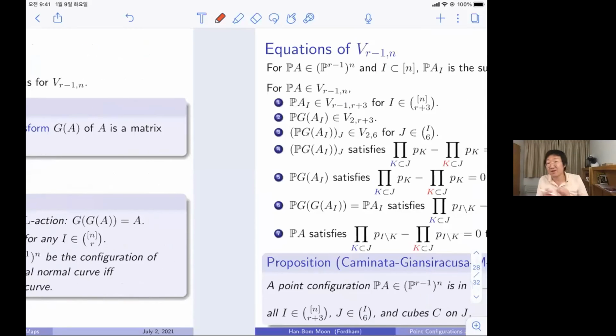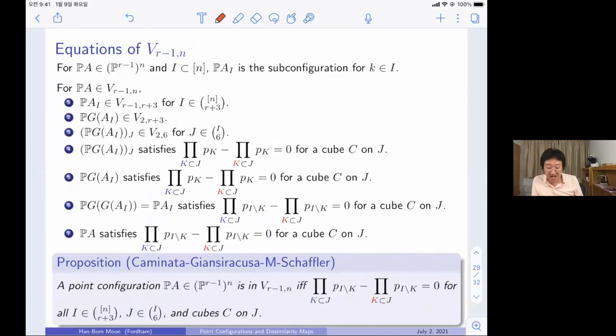Now let me briefly describe how we can cook up the equation of V_{R-1,n}, starting from the equations of V26. Our claim is that this is sufficient. Let's start from a point configuration on the R-1 dimensional projective space. For any subset I, we can take the subconfiguration.